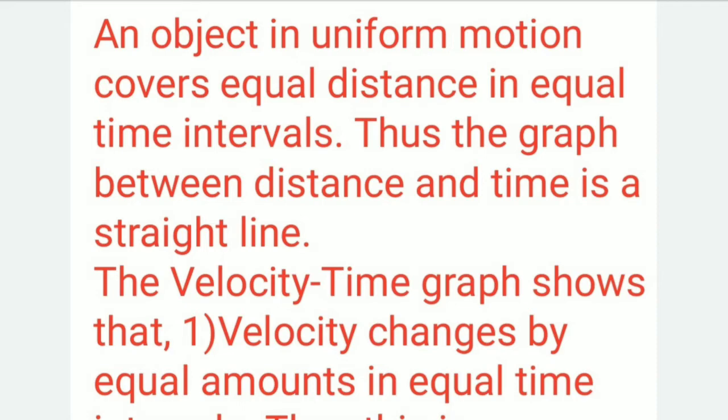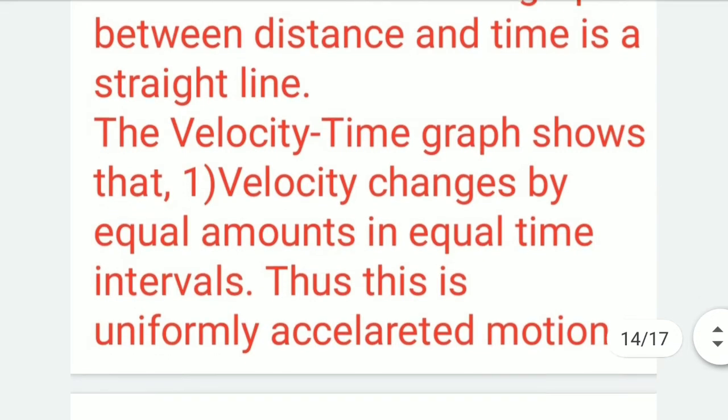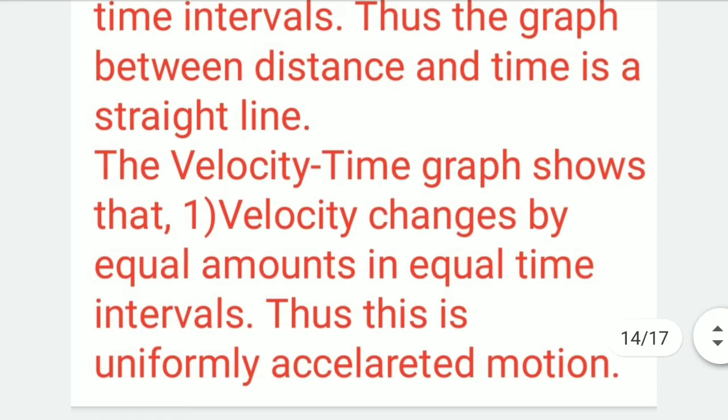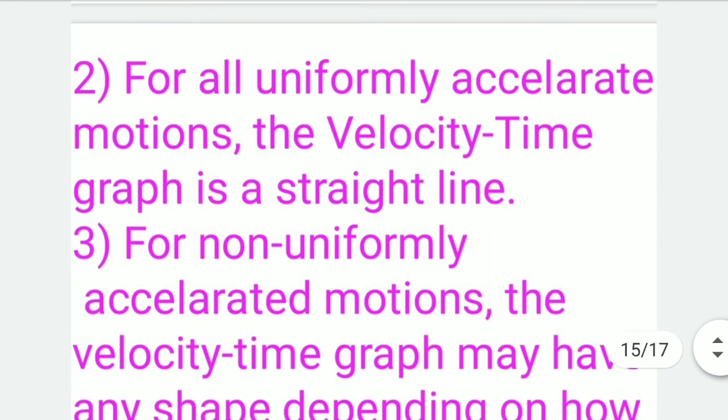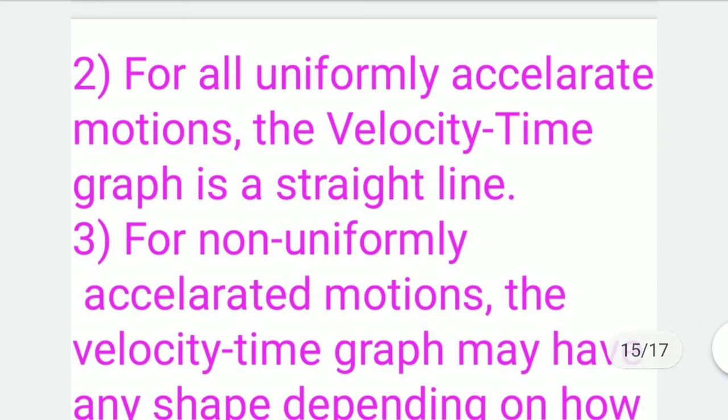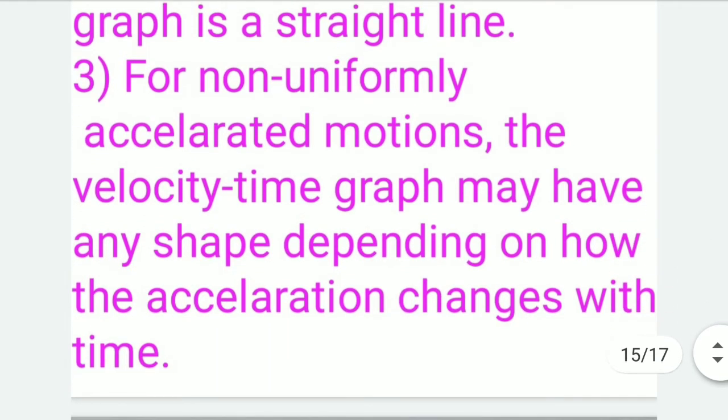The velocity time graph shows that velocity changes by equal amounts in equal time intervals. Thus, this is uniformly accelerated motion. For all uniformly accelerated motions, the velocity time graph is a straight line. For non-uniformly accelerated motions, the velocity time graph may have any shape depending on how the acceleration changes with time.